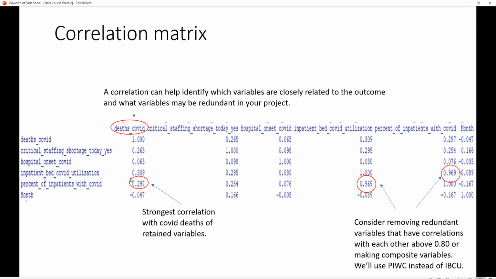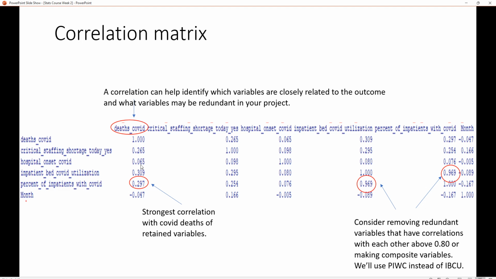It's not perfectly correlated, so we do see that it's actually a little bit lower than the inpatient bed COVID utilization, and that correlation is 0.309, which represents the relationship between the inpatient bed utilization and COVID deaths. So we can make an argument for using inpatient bed COVID utilization rather than the percent of inpatients with COVID. But we've just been using this one, so we're just going to go ahead and use it.